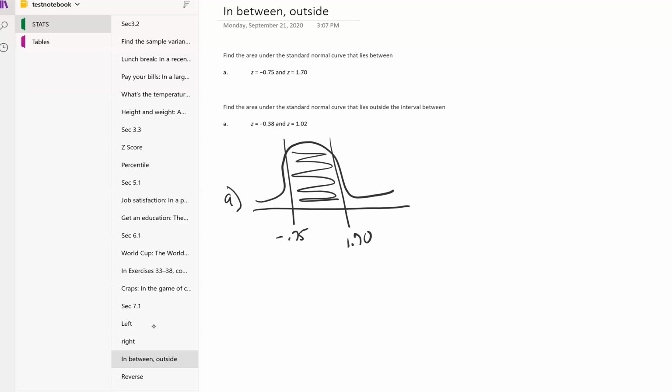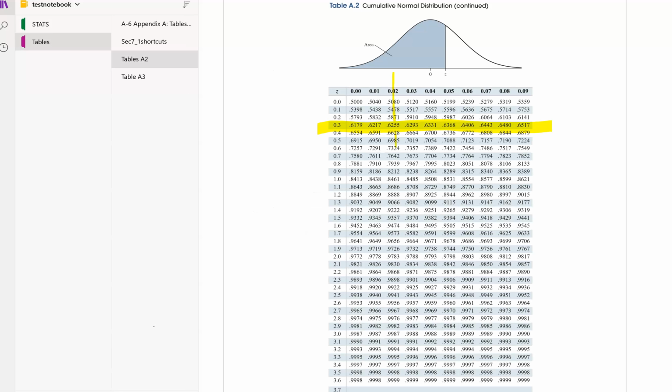I'm going to look up the number more to the right, just to make it easier. So 1.70. 1.7, and the 0 is here, so 0.9554.